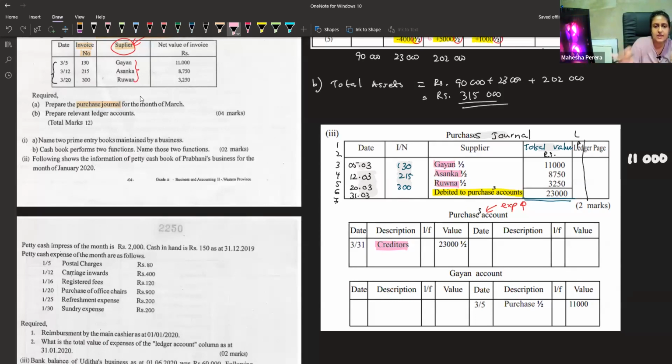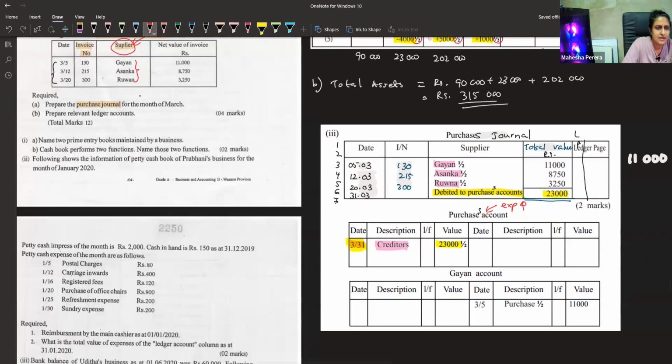There are 3 other accounts this entry goes to, the 23,000 is divided among three accounts. They are creditors, so the common name we use here is creditors. And you have to put the month and date because you obtain the total at the end of the month. So we enter that 23,000 directly, by putting the last day of the month.